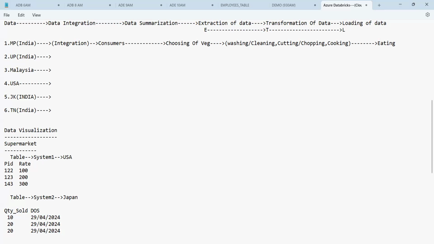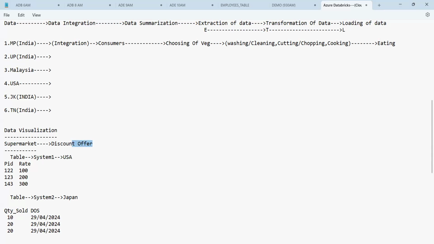Your task is to get the net sales amount. Why? The supermarket management wanted to introduce a discount offer based on the sales.